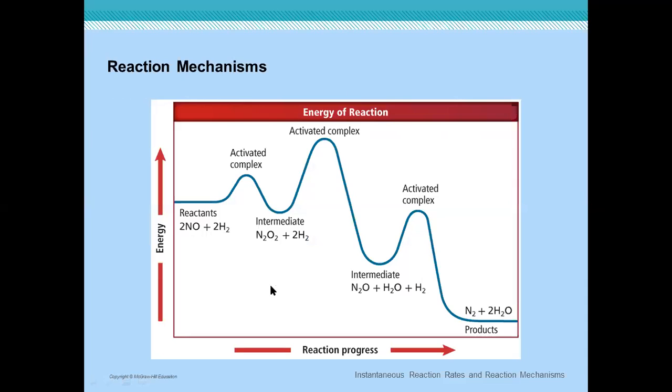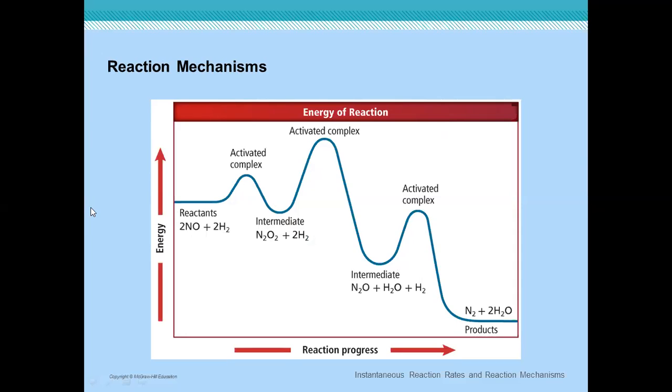After that, the reaction mechanism of 2NO plus H2, its reactants. It will take an activated complex, then an intermediate reaction to N2O2 plus H2, then an activated complex, producing intermediates again, N2O plus H2O plus H2, then an activated complex, and finally will produce the products N2 plus 2H2O.